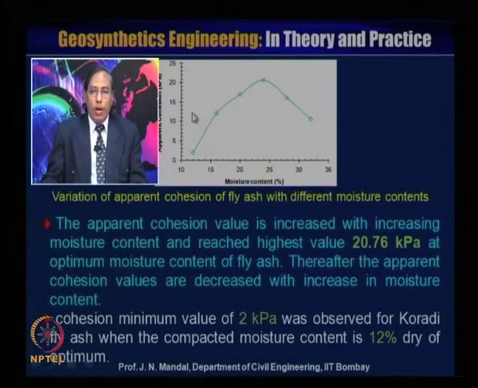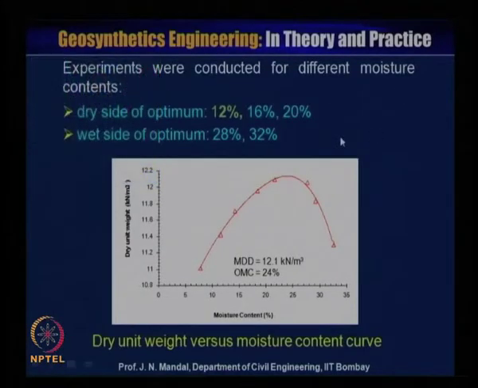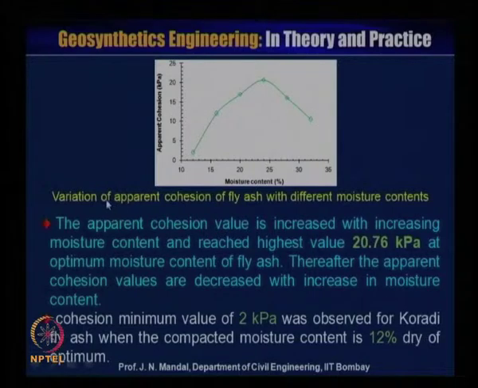A minimum cohesion value of 2 kilopascal was observed for the fly ash when the compacted moisture content is 12% dry of optimum. So, when we take that 12% dry of optimum, you can find that the cohesion value is minimum, that is 2 kilopascal.